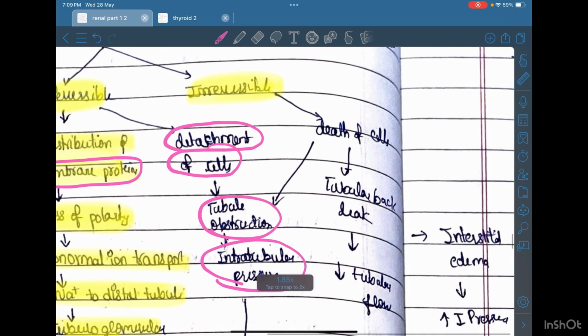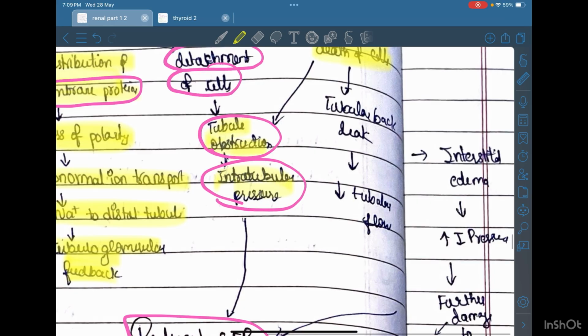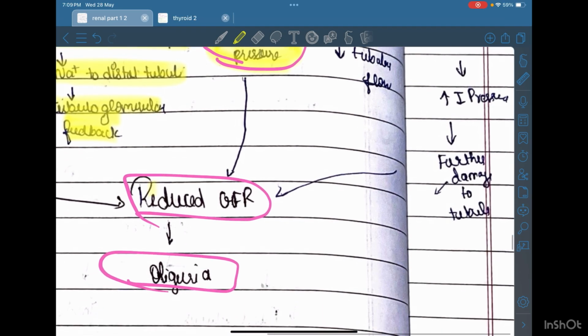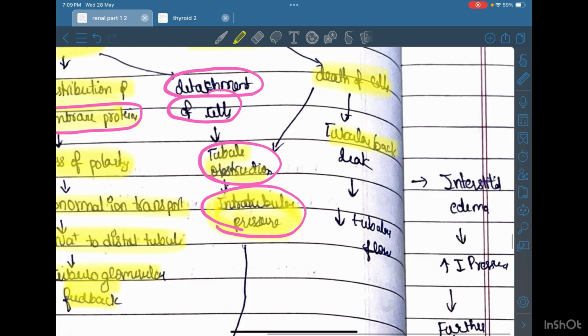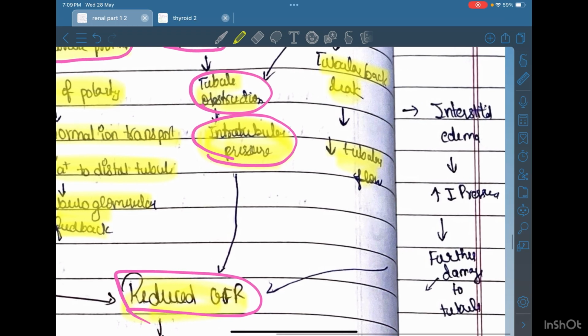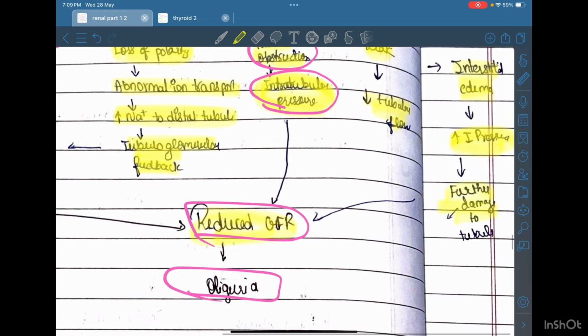Then in irreversible injury, the cells die. Same thing, tubular obstruction, increased intratubular pressure, reduced GFR. Another thing, tubular back leakage occurs, with decreased tubular flow. With back leakage there will be interstitial edema, increased interstitial pressure, which leads to further damage of tubules, again decreased GFR.